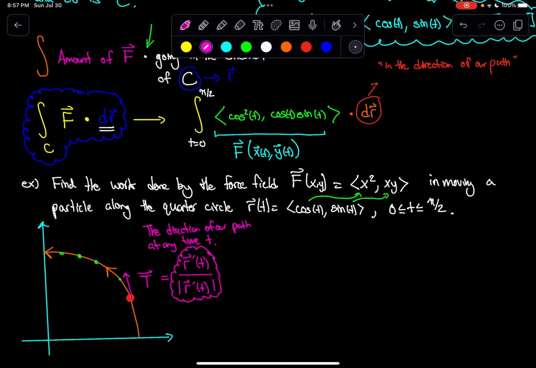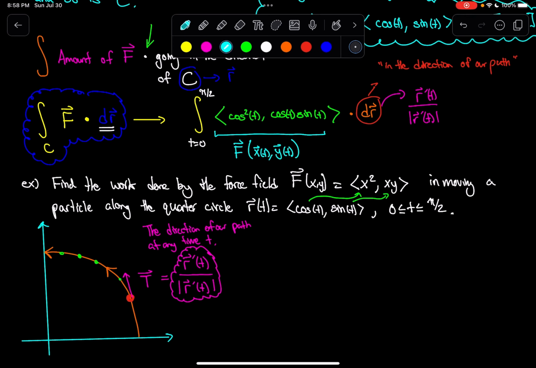Now, the last thing we need: dr is a vector, and vectors have direction and magnitude. We've already figured out that I can replace the direction part of it with r prime of t divided by the magnitude of r prime of t. The last remaining thing is, if that's the direction, how do I get the magnitude of our path?